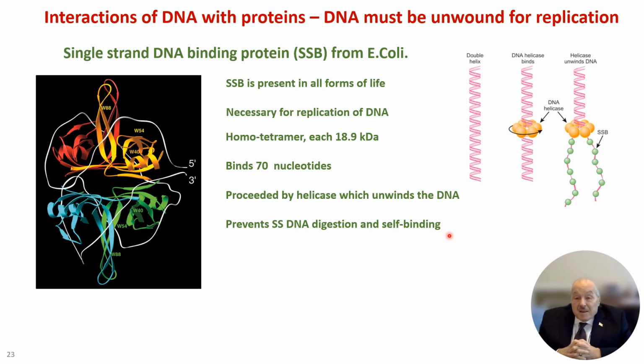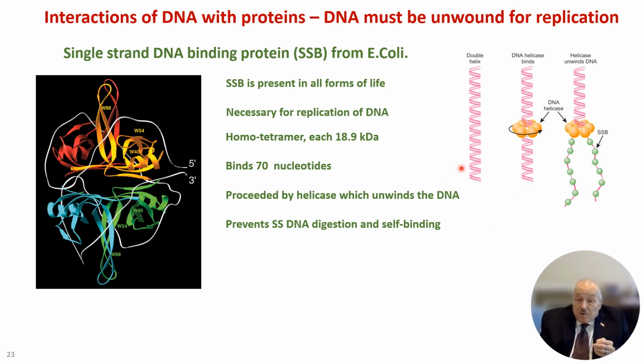The single strand binding protein is present in all forms of life. And it's a tetramer. It's wrapped around with DNA. Typically, protein fluorescence tends to be quenched when it's bound to DNA. It binds about 70 nucleotides. But what is the purpose of the single strand binding protein?